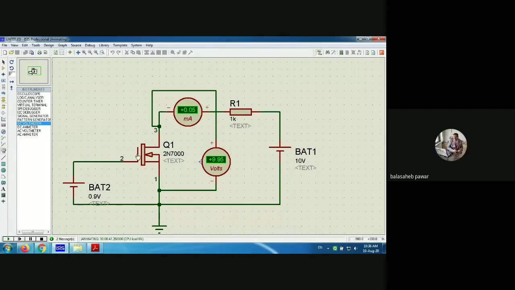First column is for VGS, second column is for ID, whatever we discussed during our previous lecture that we are now observing practically. So for 0 to 0.8, your second column reading should be 0, and whenever it goes to 0.9, non-zero ID is there, that is 0.05 milliamperes. That means it is only 50 microampere.